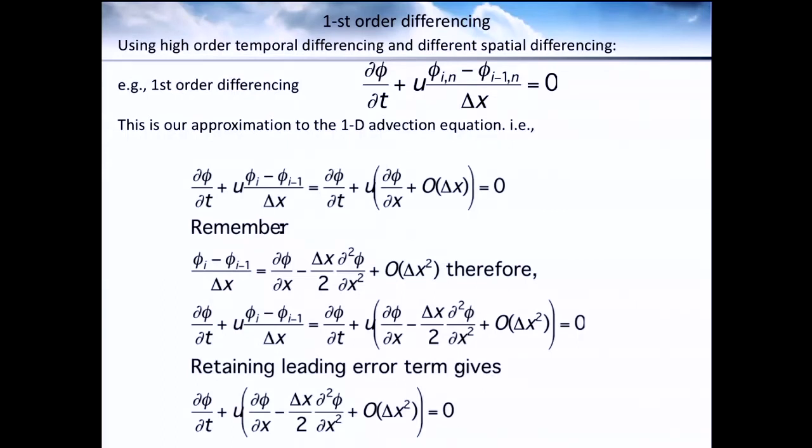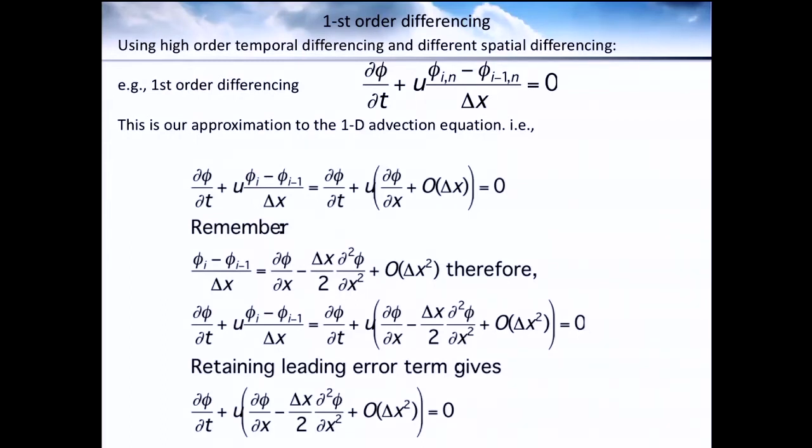Okay, everyone following me? So this is our leading order error term. And what we normally do is we just ignore that. We say our leading order error term is order delta x. But if you retain it, we can understand how that leading order error term dominates the solution.